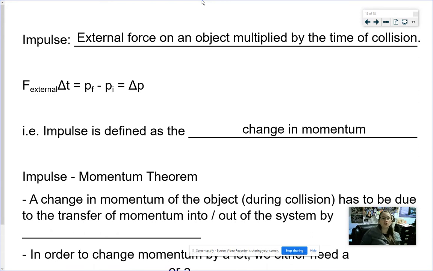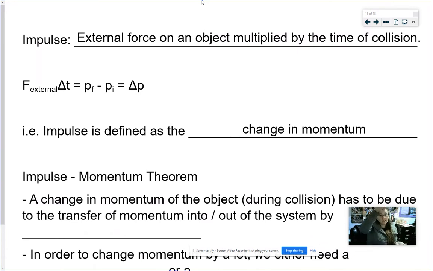Now this is referring to a change in momentum in one object. We've talked about how in a collision, momentum is conserved. That's talking about the total momentum before equals the total momentum afterwards. This is talking about looking at one object's change in momentum. Because again, the whole point is, yes, the total momentum of the system before and after, adding the momentums, is the same.